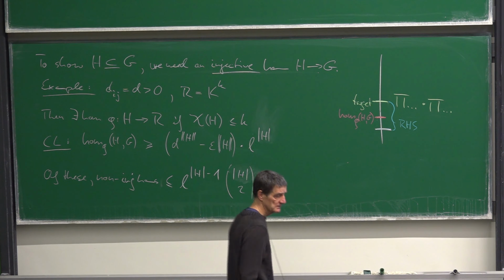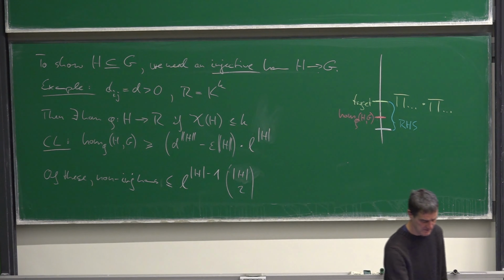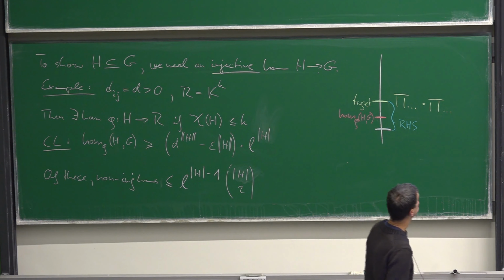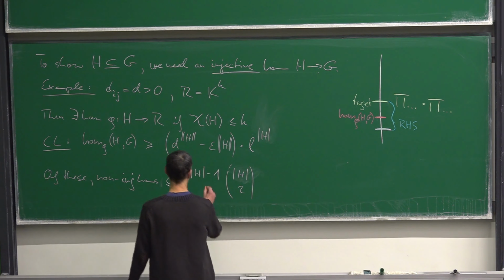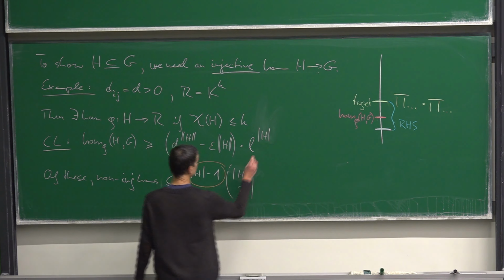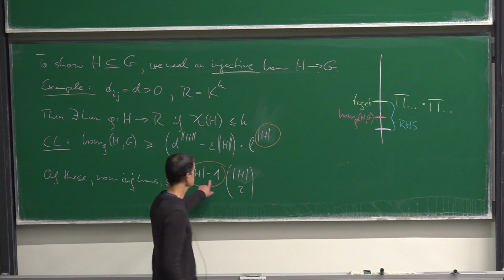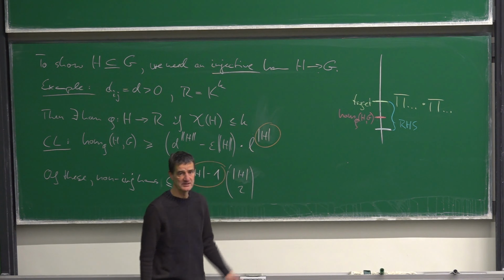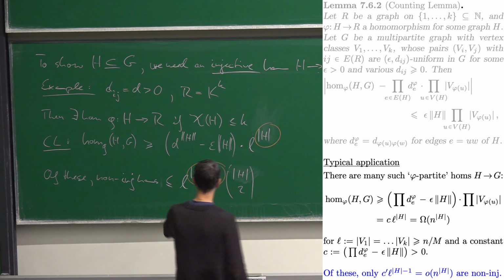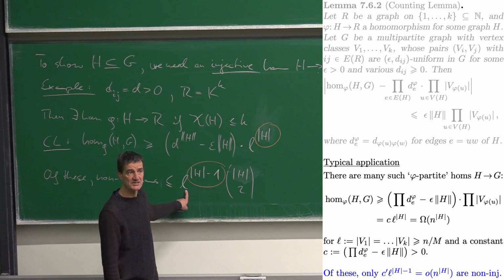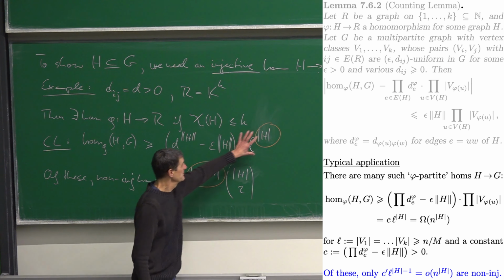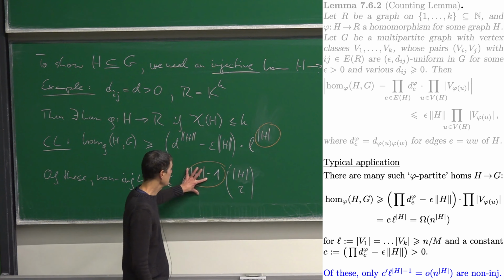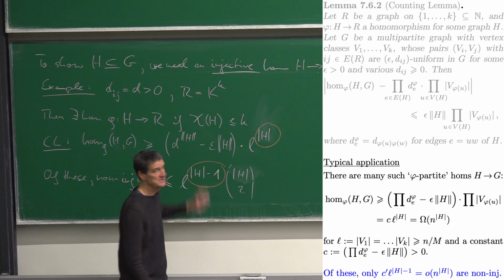Okay, now, this exponent is smaller than that exponent. So when G becomes large, and therefore this L becomes large, then this outgrows that, no matter what the constants are.